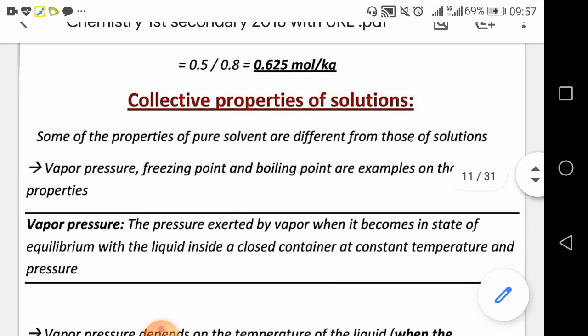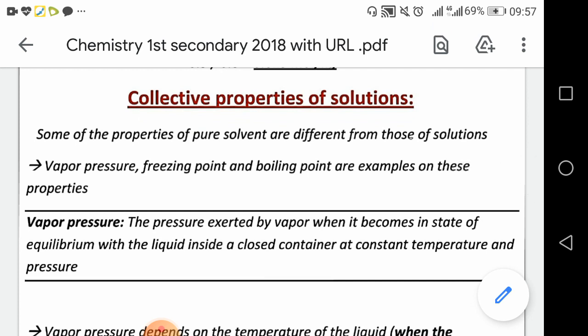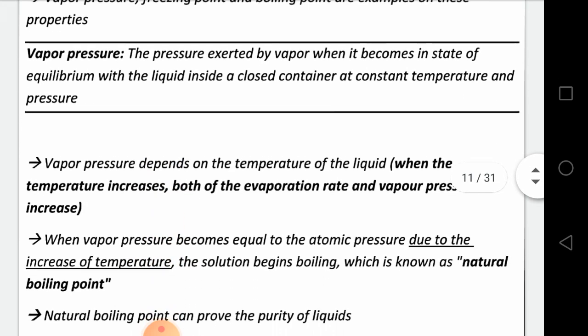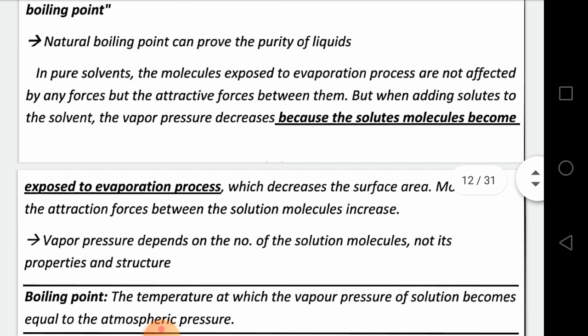Okay, we will discuss three properties here: the depression in the vapor pressure, the elevation in the boiling point, and the depression in the freezing point.